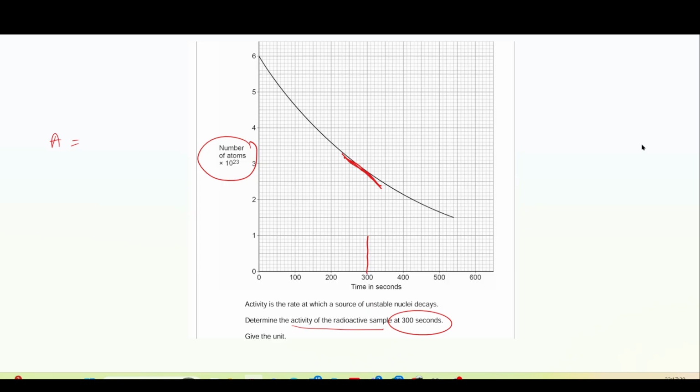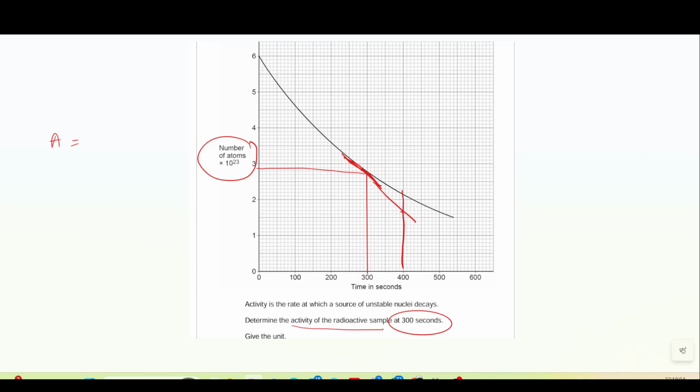This is one of my points, and the other point, let's say at 400.